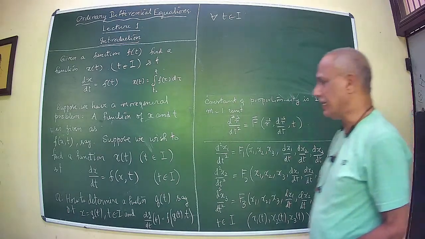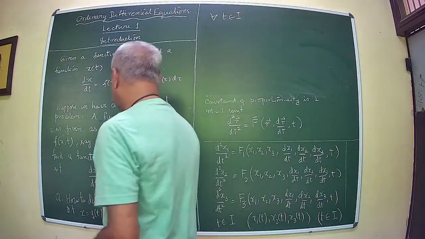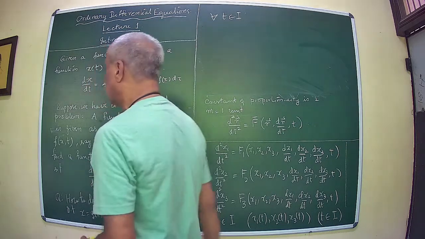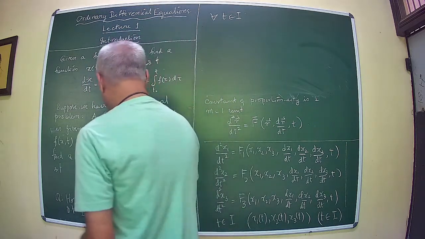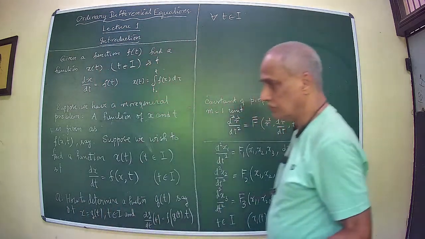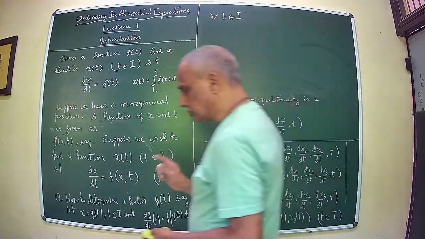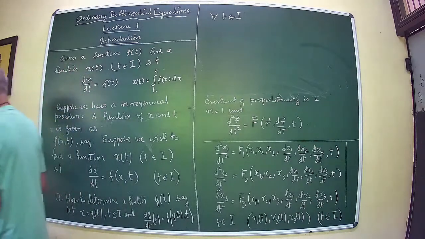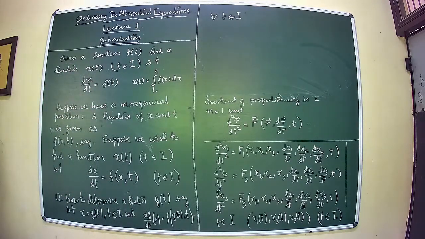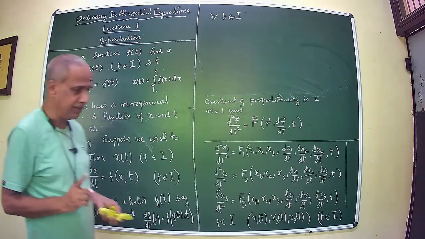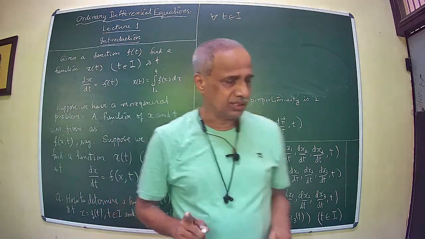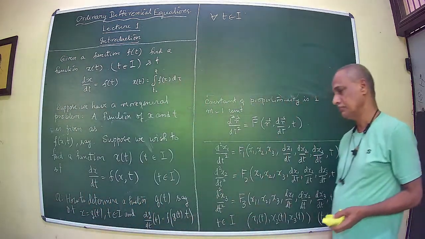So you can see that even in this case, it is quite difficult to explicitly write down the solution of this. Okay. So one of the problems that you encounter is that most of the differential equations cannot be given a solution in the explicit form.